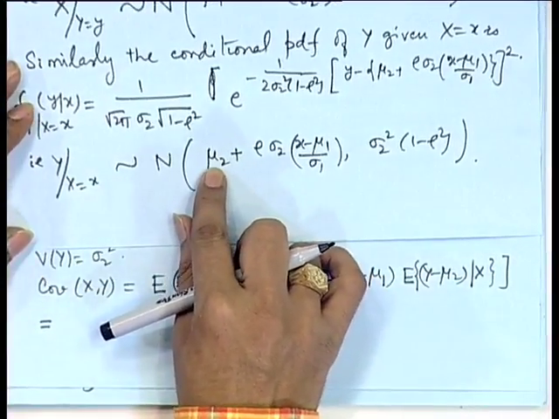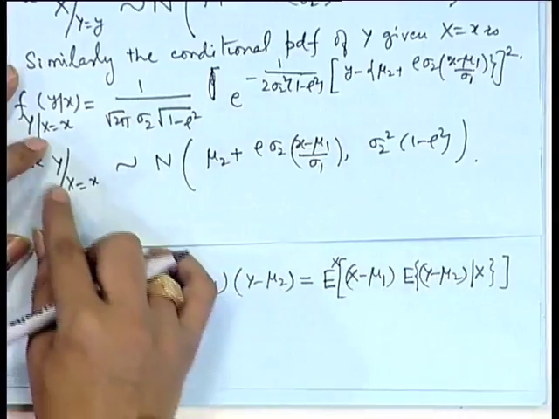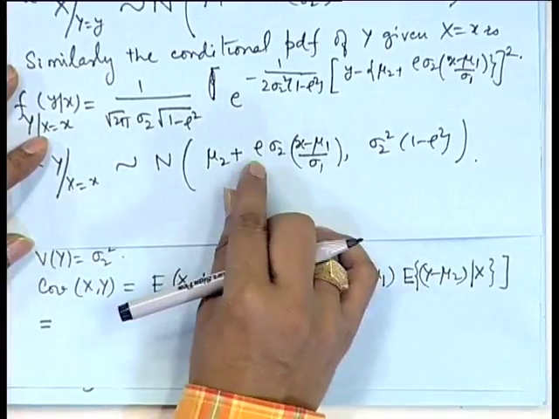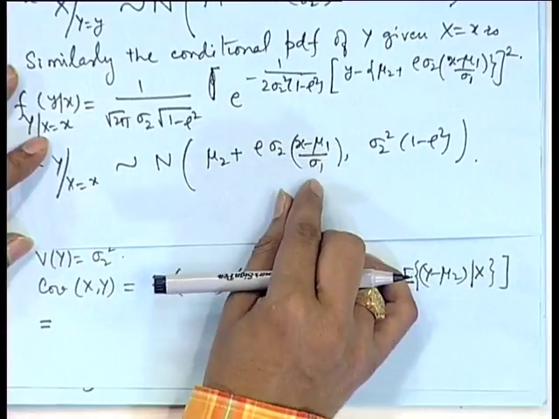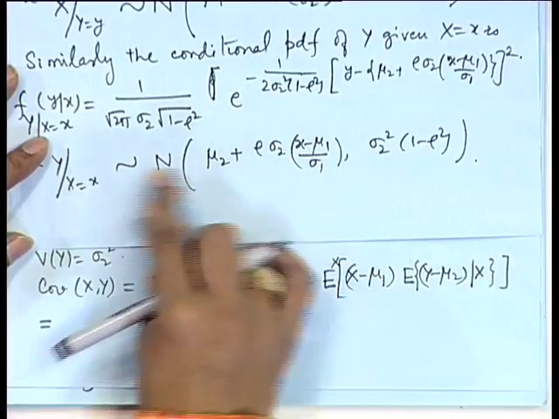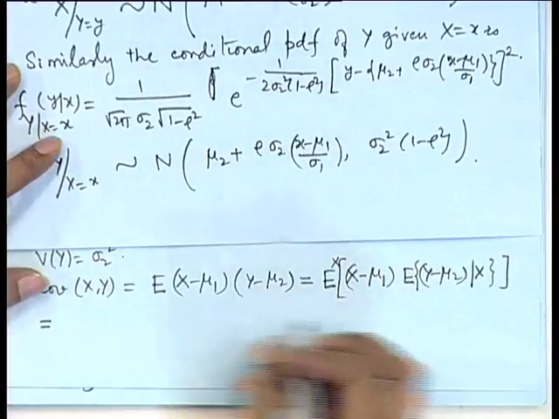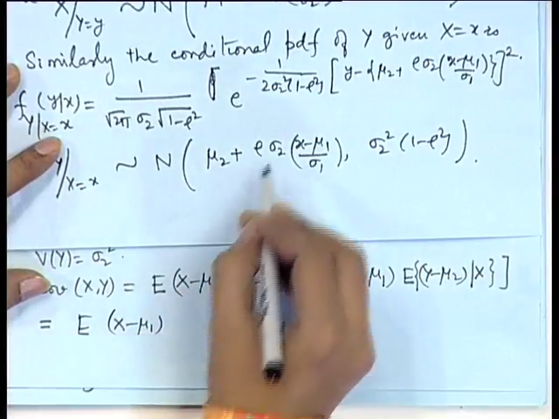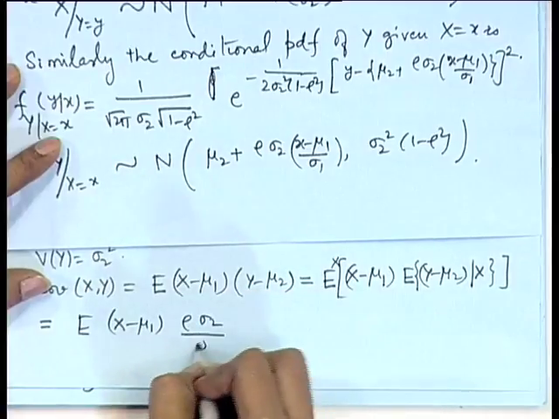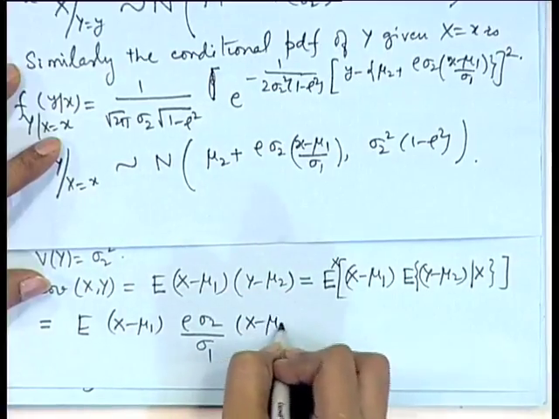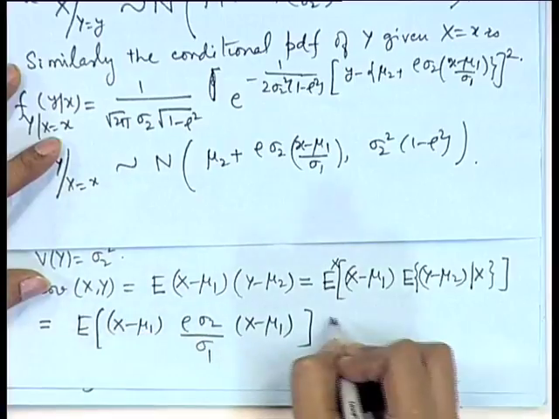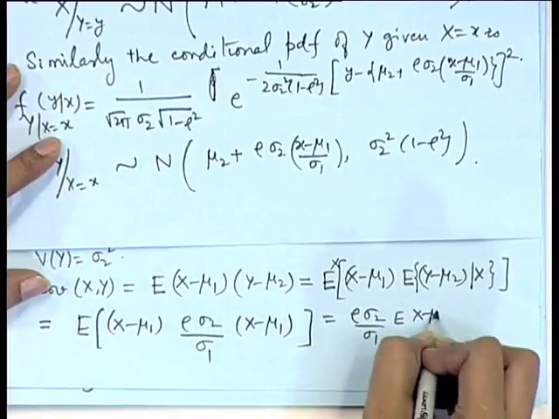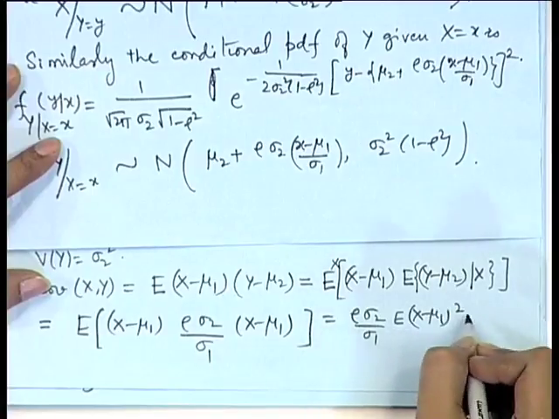and the mean was mu 2 plus a certain term. So, expectation of y given x will be mu 2 plus rho sigma 2 into x minus mu 1 by sigma 1. Therefore, expectation of y minus mu 2 given x will be equal to rho sigma 2 by sigma 1 into x minus mu 1, which gives rho sigma 2 by sigma 1 times expectation of x minus mu 1 square, which is sigma 1 square.